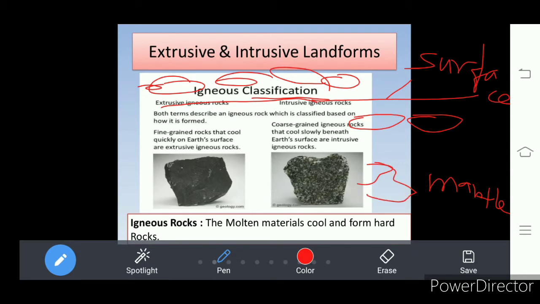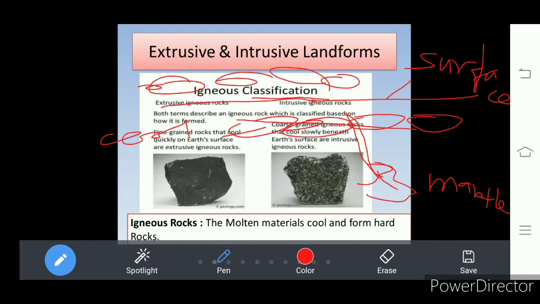So when this molten material tries to come out, some lava may not come to the earth surface, and may become cool under the earth surface here. Where is it becoming cool? Below the earth surface.